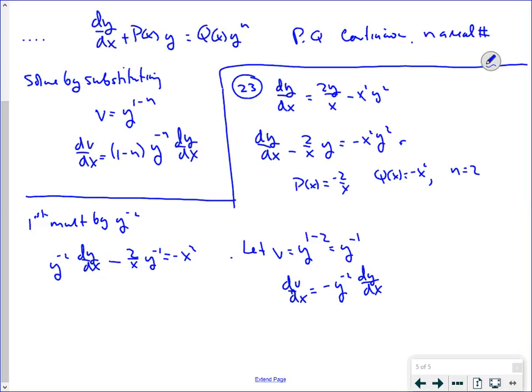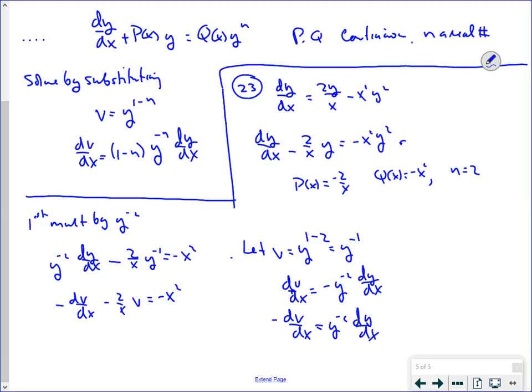So that means that negative dv/dx is y to the minus 2 dy/dx. So we can substitute in here. This is minus dv/dx minus 2 over x times v equals negative x squared, because v was y to the minus 1.